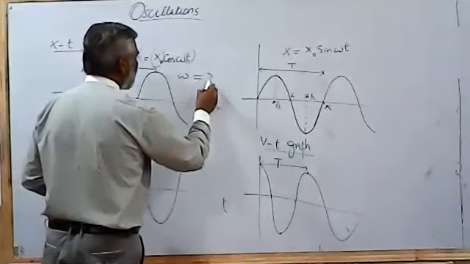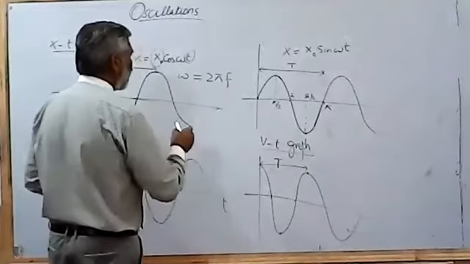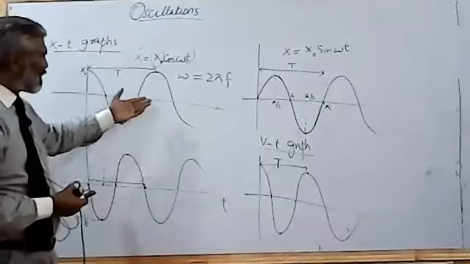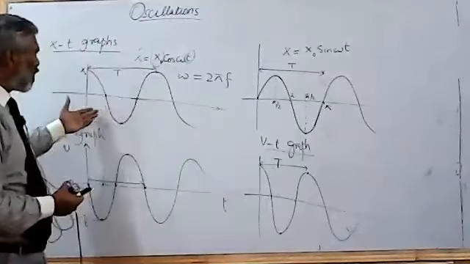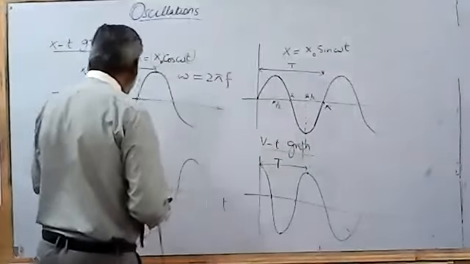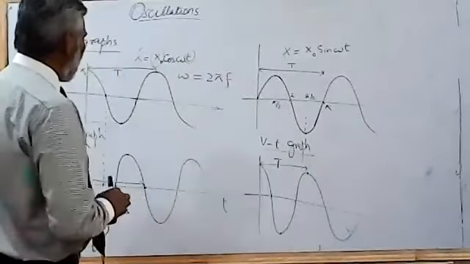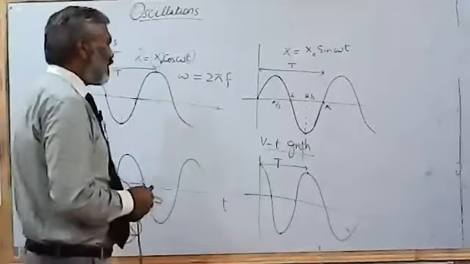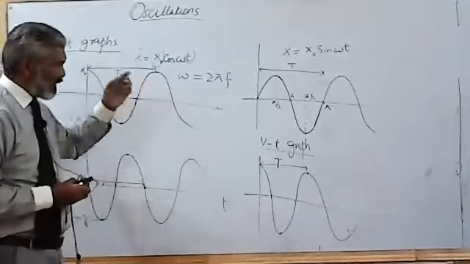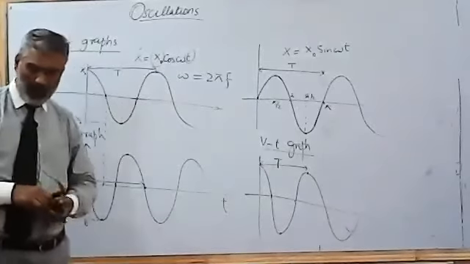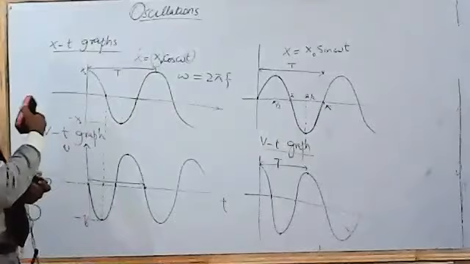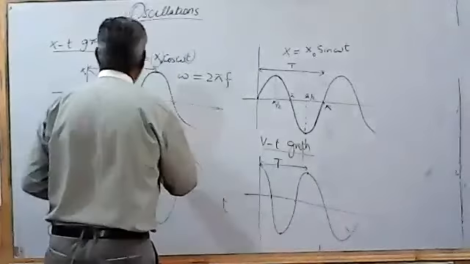Because omega is 2 pi f, we can quickly calculate the frequency of any such object undergoing simple harmonic motion. So this equation or any other given can be used to describe it in full detail, making these simple calculations and interpreting what is going on. So it is the relationship between displacement, velocity, and time in all these graphs.